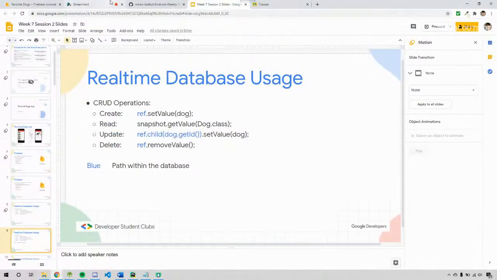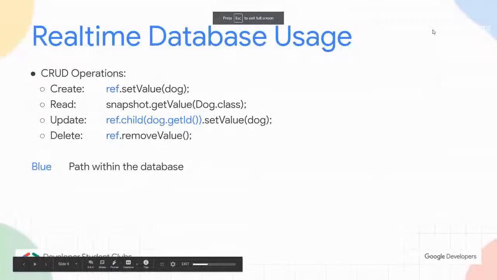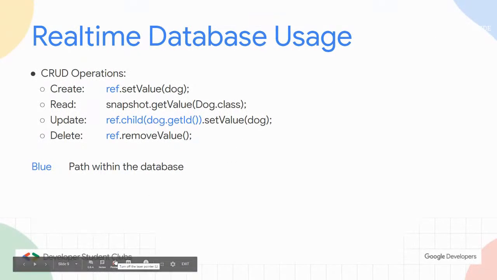Authentication is something we're not going to cover in this session, but I'd be happy to walk you through it after the session if you want. A brief introduction: the basic authentication is email and password, but Firebase even incorporates third-party services such as Facebook, which you see in places as login using Facebook. And hey, why Facebook when the developer student club is a Google thing? You can even sign in through Google.